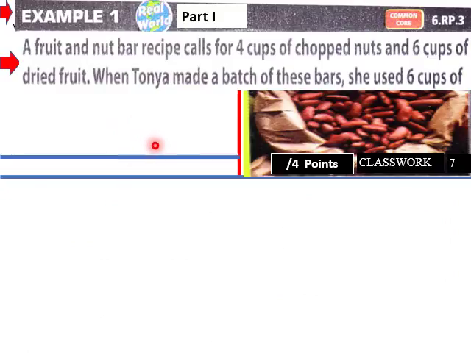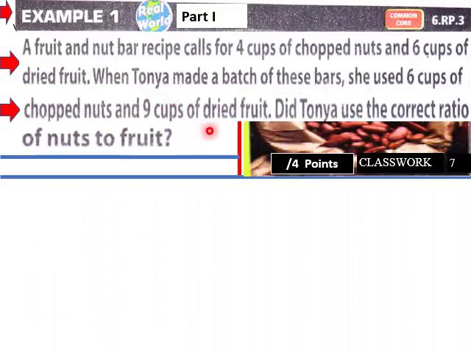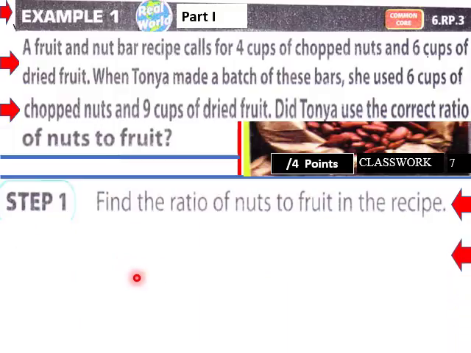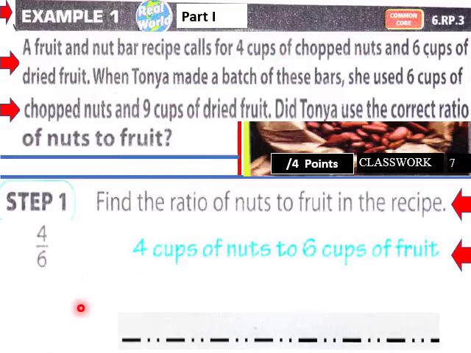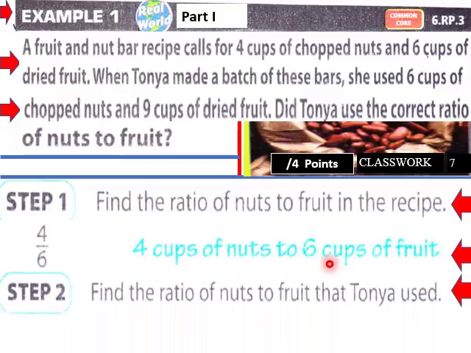A fruit and nut bar recipe calls for 4 cups of chopped nuts and 6 cups of dried fruit. When Tanya made a batch of these bars, she used 6 cups of chopped nuts and 9 cups of dried fruit. Did Tanya use the correct ratio of nuts to fruit? Step 1, find the ratio of nuts to fruit in the recipe. It calls for 4 cups of nuts and 6 cups of dried fruit, so we have 4 to 6. Step 2, find the ratio Tanya used.